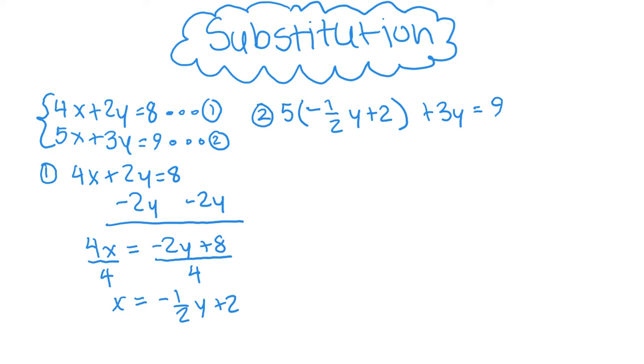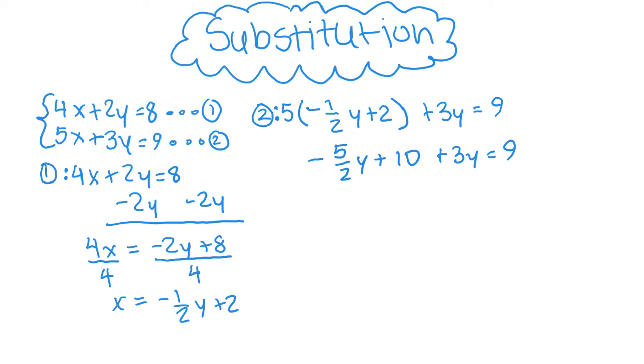Now let's solve for y, because then we could get the y variable. So minus 5 over 2y plus 10, plus 3y equals 9.